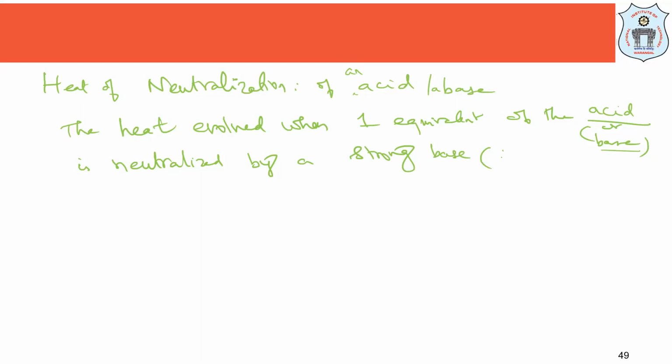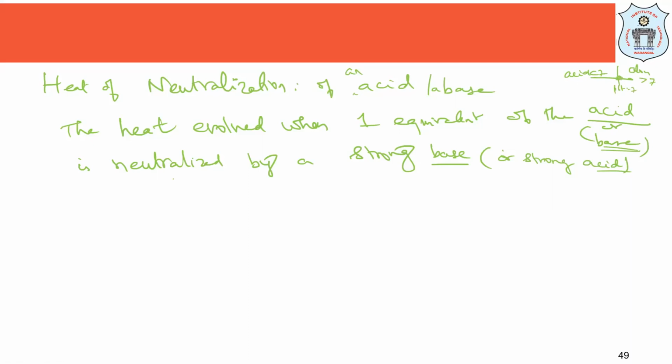What is neutralization? We try to bring down the pH, right? Acid means less than 7. Alkaline means greater than 7. So we bring the pH to 7, we do the neutralization.